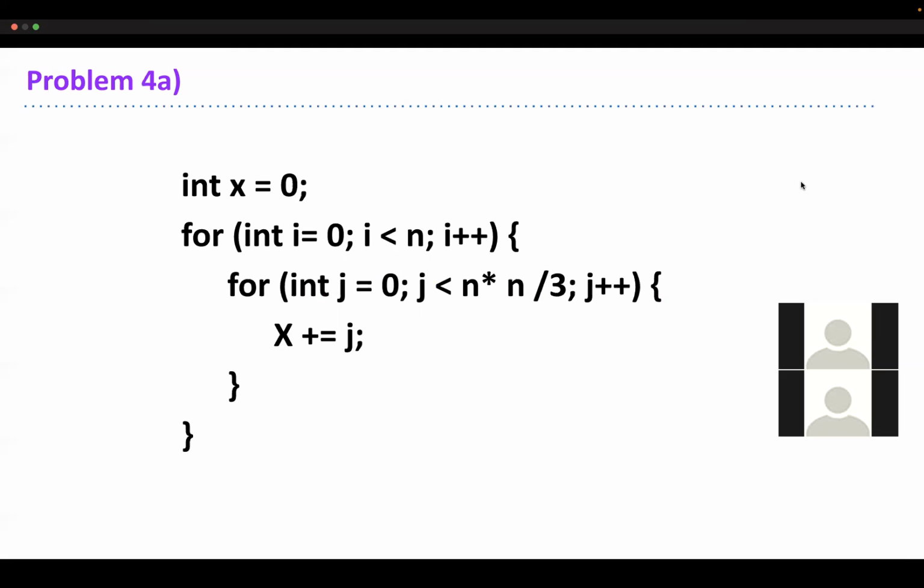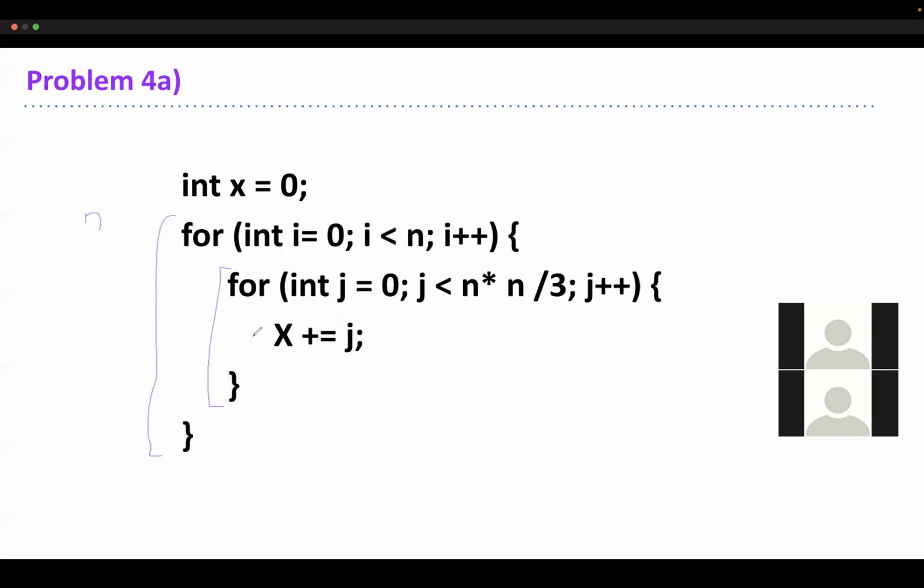Usually when I see a problem that has multiple loops, my first intuition is thinking about how many times each loop runs. So I know this outer loop is going to run n times. So let's make a note of that.